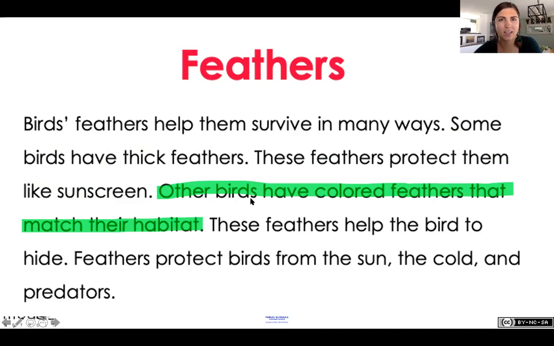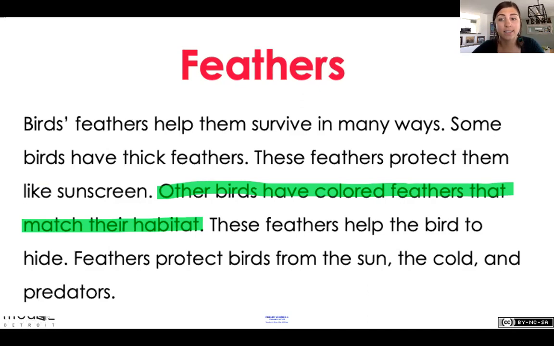Why? To match their habitat. So sentences break down. They basically tell us everything. We want to know the who, the what, the when, the where, the why, the how. Take a look at this sentence. It's a perfect example. Other birds have colored feathers that match their habitat. So who? Other birds have what? Colored feathers that do what? Match their habitat. So what do you think the next sentence is going to be about?